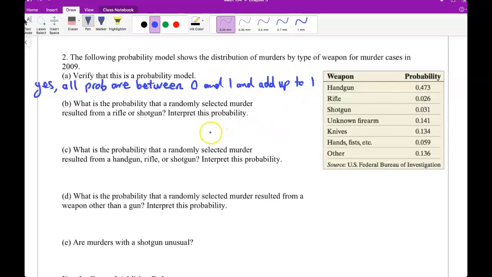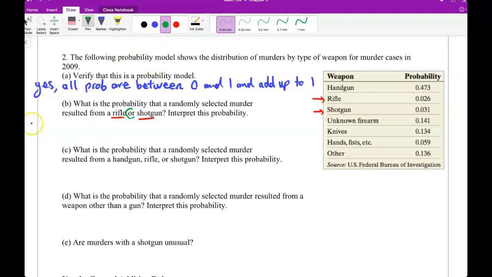Now part B, what is the probability that a randomly selected murder results from a rifle or shotgun? Okay, here is rifle and here is shotgun, and in between we have or. So exactly the same as the previous example.